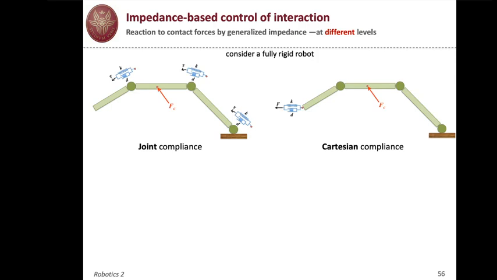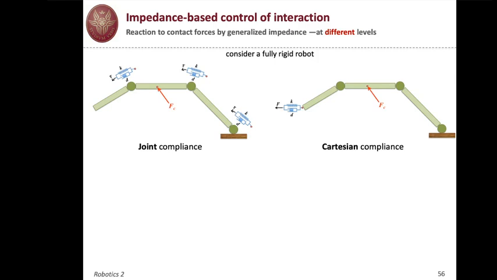If you impose a Cartesian compliance, then you do the same, not at the joint level, but at the end effector level. So if you're applying a force on any link, you will tend to move the structure and therefore also the end effector from its equilibrium, and then you will have a reaction accordingly. However, impedance control is more than that, because you're trying to modify the apparent mass or inertia.